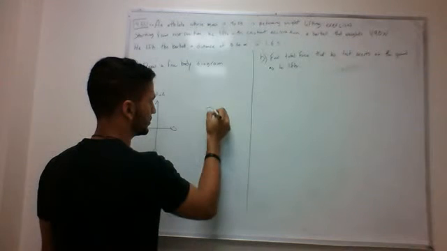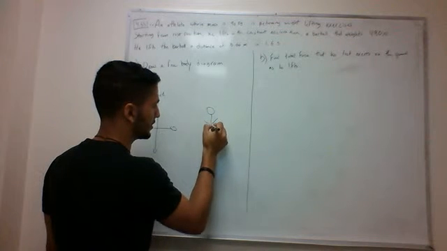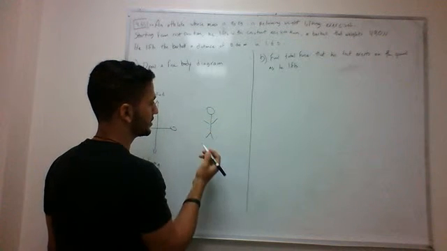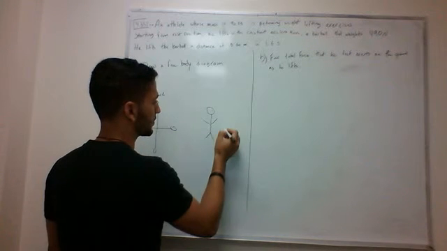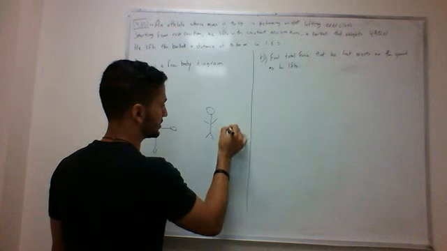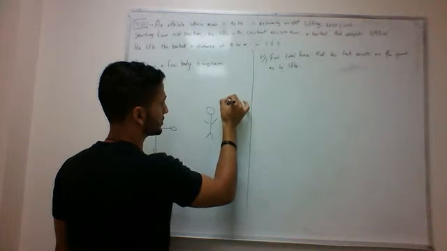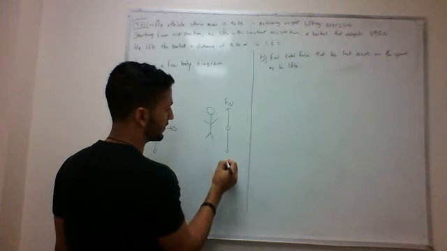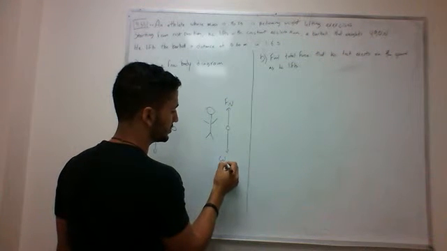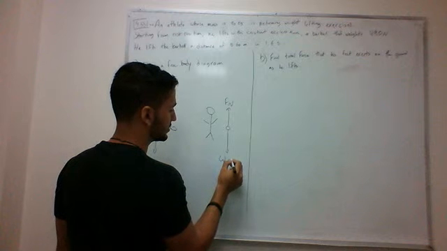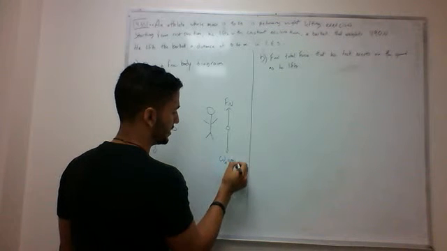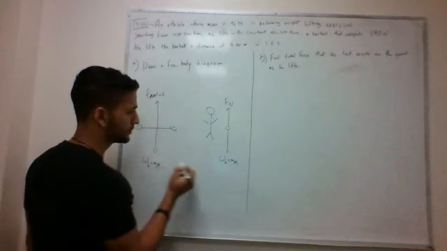For the athlete, this guy right here, he's going to have three forces. So it's going to look like this. The normal force and the weight, which equals WA equals MAG. This is MBG.